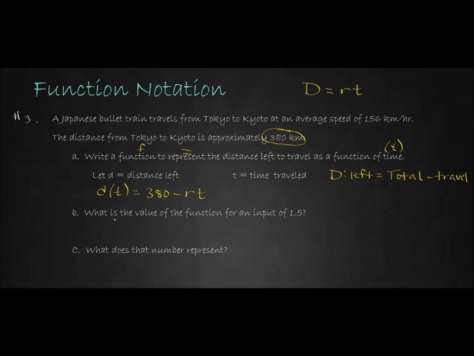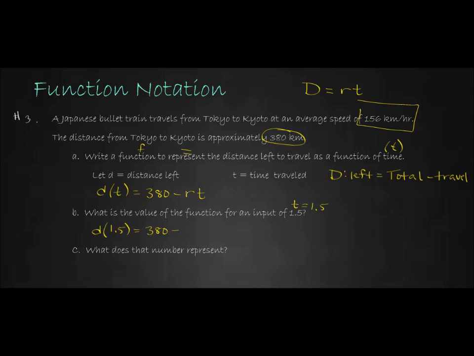Now the next part of this question says, what's the value of the function for an input of 1.5? Now what this is telling you is that you've been traveling for 1.5, because that's the input of your function. So if I wanted to know the distance after 1.5 hours, I would end up with 380 minus, now my rate is also in my word problem.